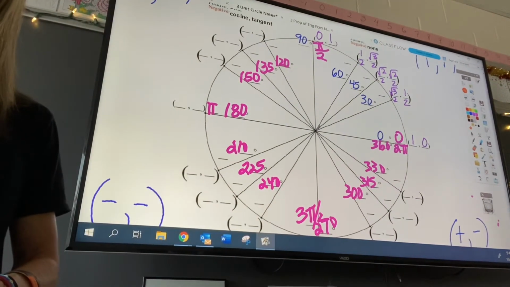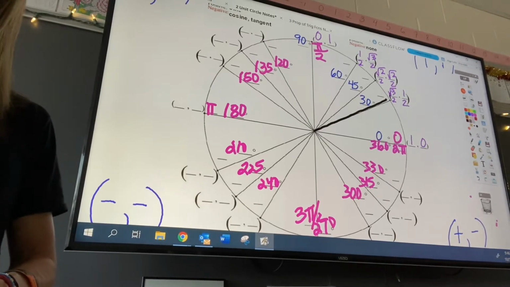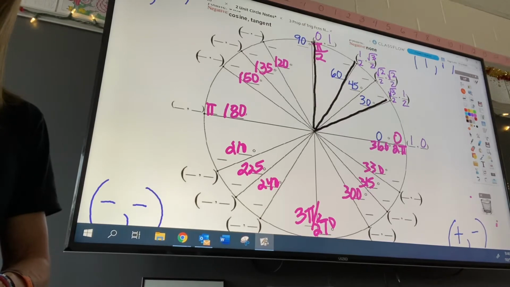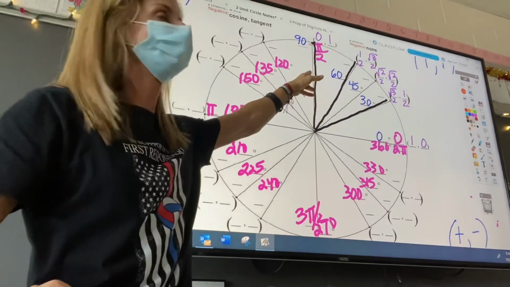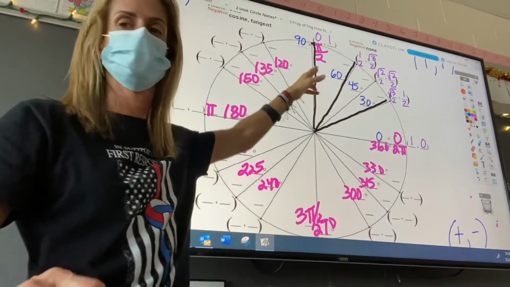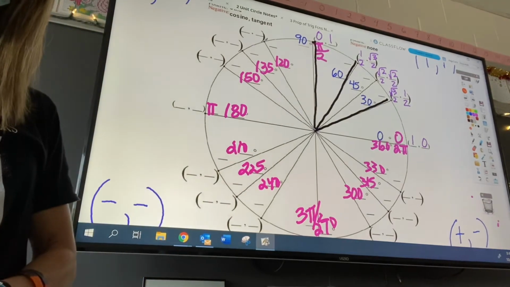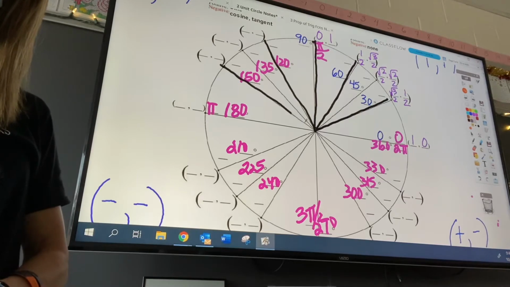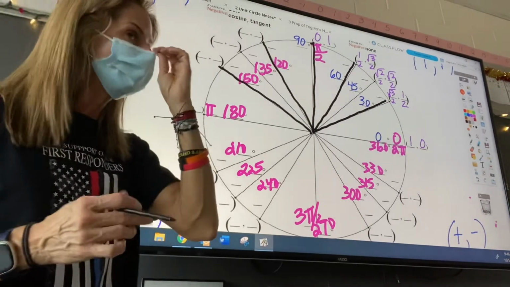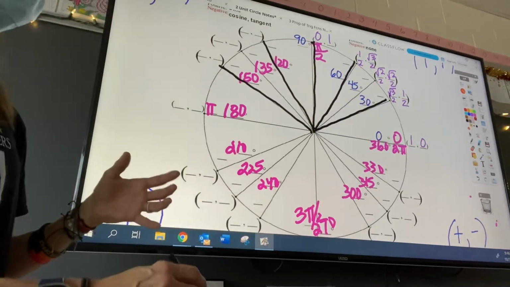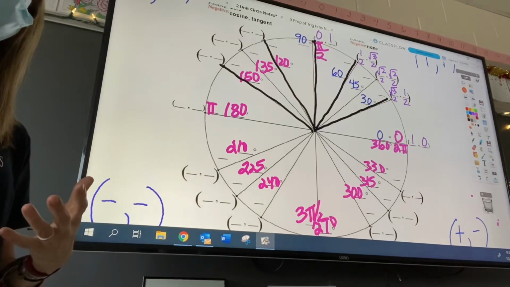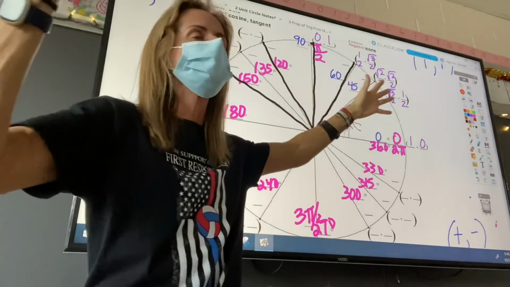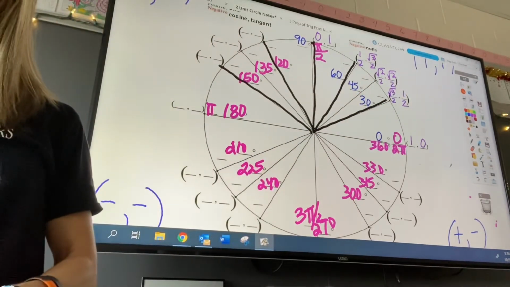This is 1 pi over 6, 2 pi over 6, 3 pi over 6, which is equal to pi over 2 when you simplify it. I'm just breaking this half circle into 6. 4, 5, 6. Some of these need to be simplified. 1 pi over 6 is already simplified. That's just pi over 6.